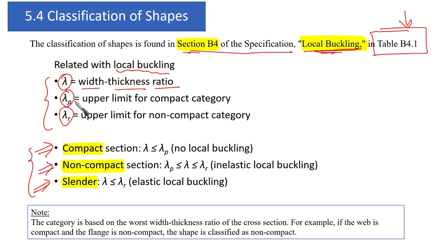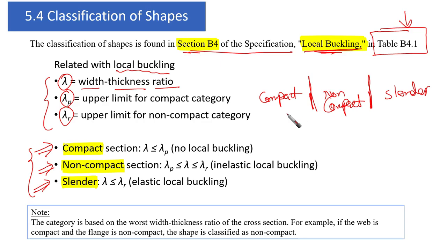And there are going to be two main limits for us, and in between we are going to have compact, non-compact, or slender. So we have three areas with two main limits.